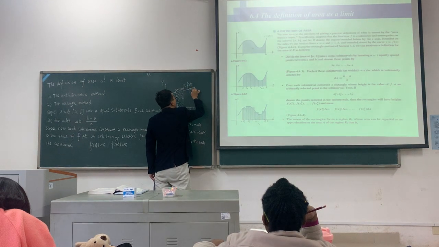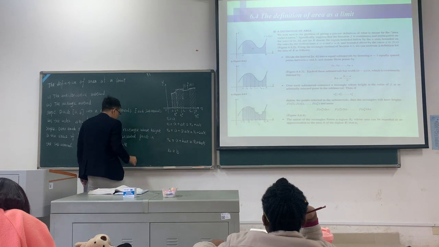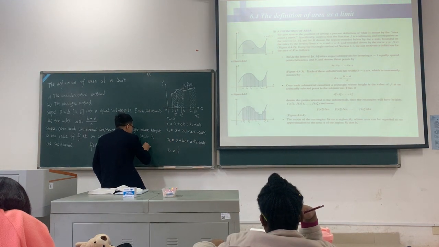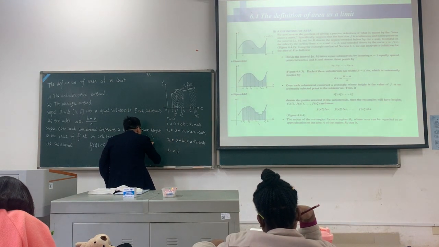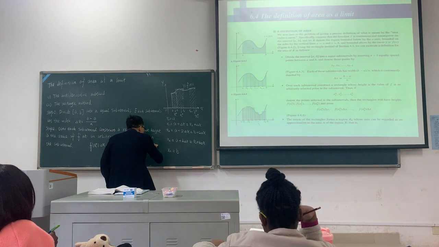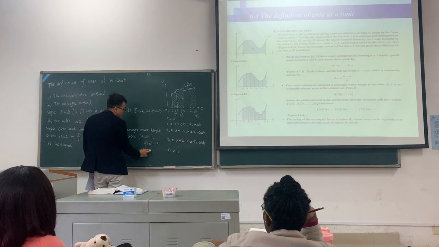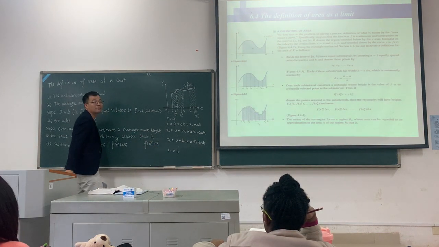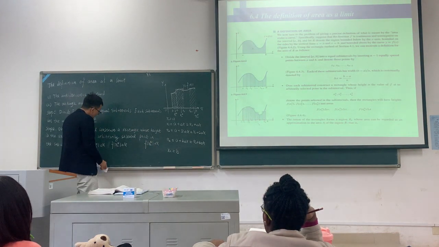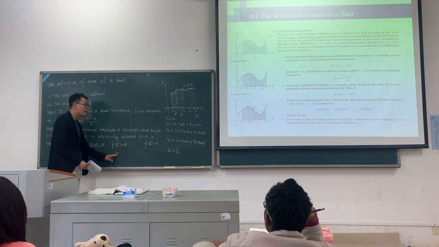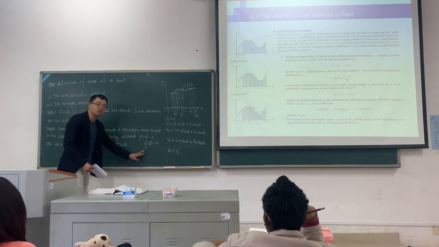So the last rectangle is like this. The area of the last rectangle is f of xn star times delta x. So here, the first, the second, the third, the fourth, the last one.